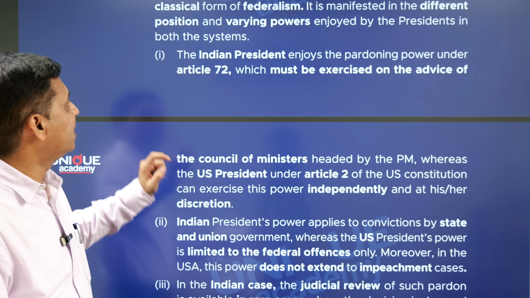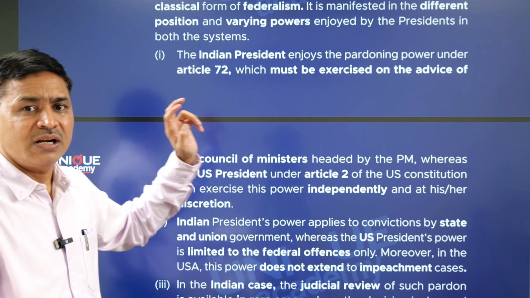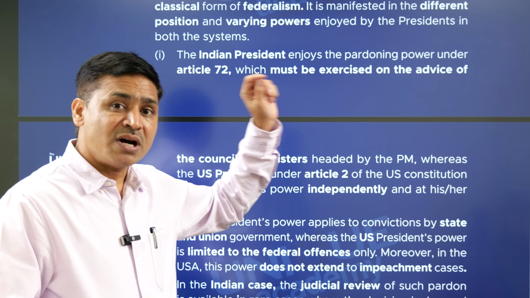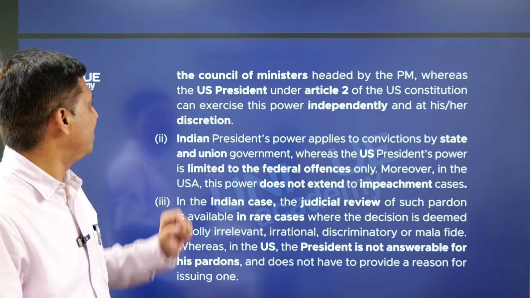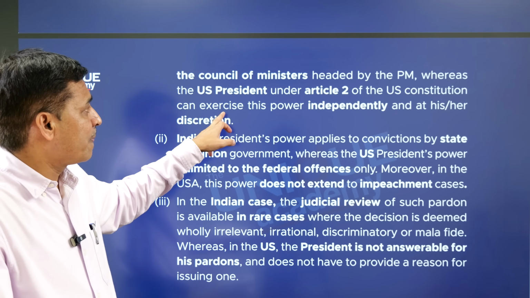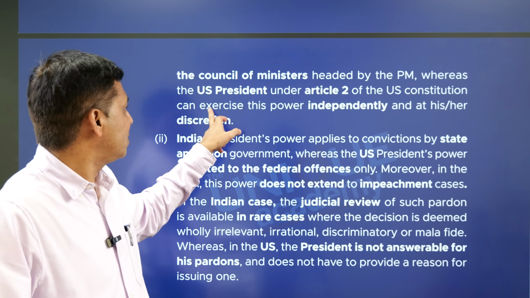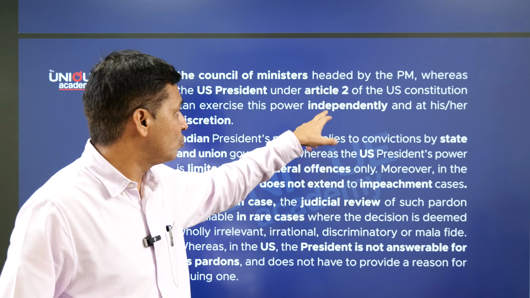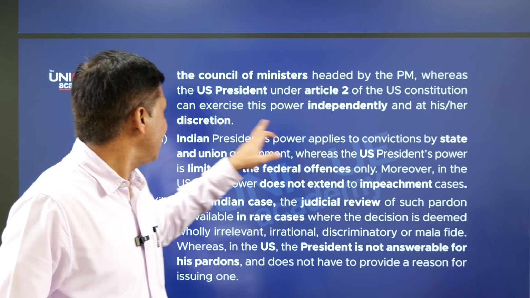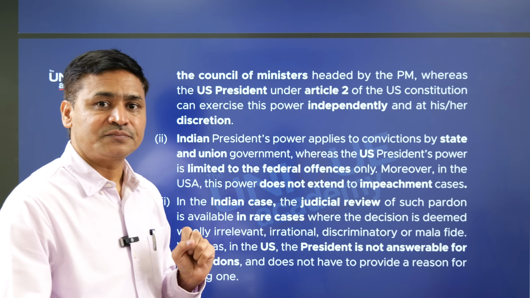Now, one by one, the Indian president enjoys the pardoning power under Article 72, but it must be exercised on the advice of the Council of Ministers headed by the Prime Minister. Whereas in the US, under Article 2 of the US Constitution, the president can exercise this power independently. So that word is important, and at his/her discretion.